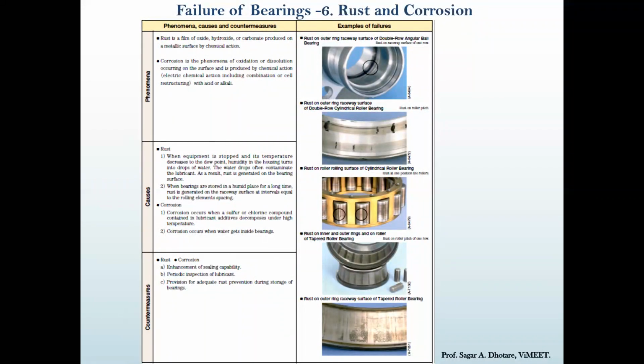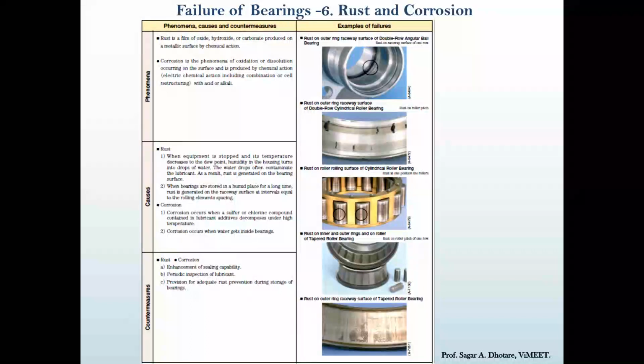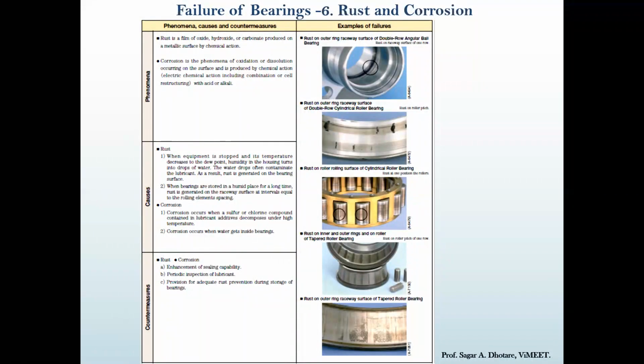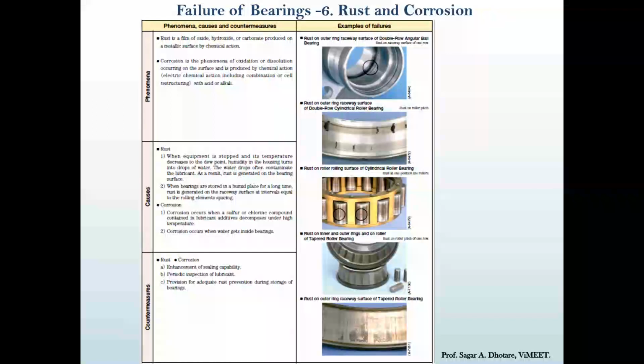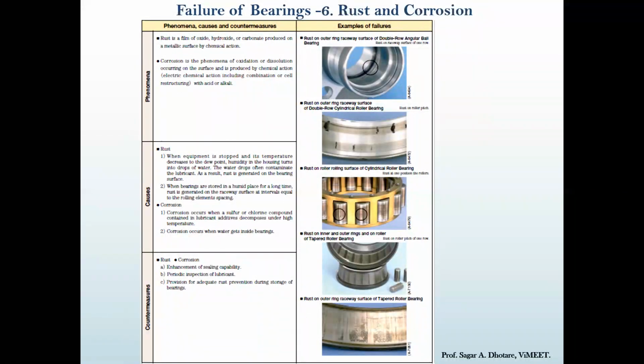And about the corrosion, corrosion is a phenomenon of oxidation occurring on the surface and is produced by chemical action with acid or alkaline particles. So the basic reason is, when the equipment is stopped and the temperature decreases to the low dew point, the humidity in the housing turns into drops of water.